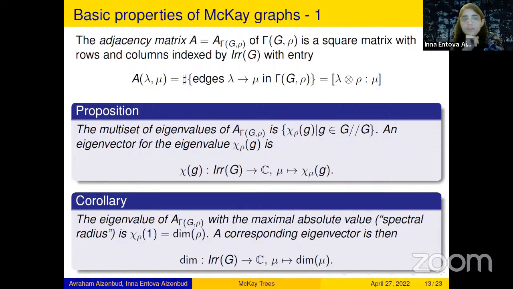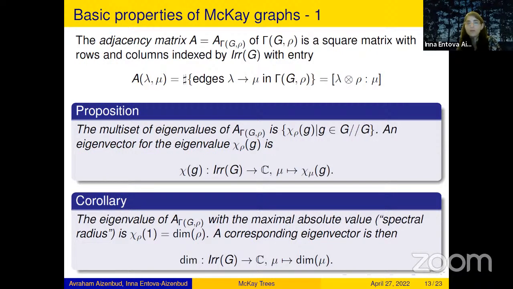So the first useful statement is that the multiset of eigenvalues of this adjacency matrix is actually the multiset of values that the character of rho takes when we consider its values on conjugacy classes of G. And the corresponding eigenvector for the eigenvalue psi rho would be the function which sends each irreducible representation to the value of its character on the given conjugacy class.